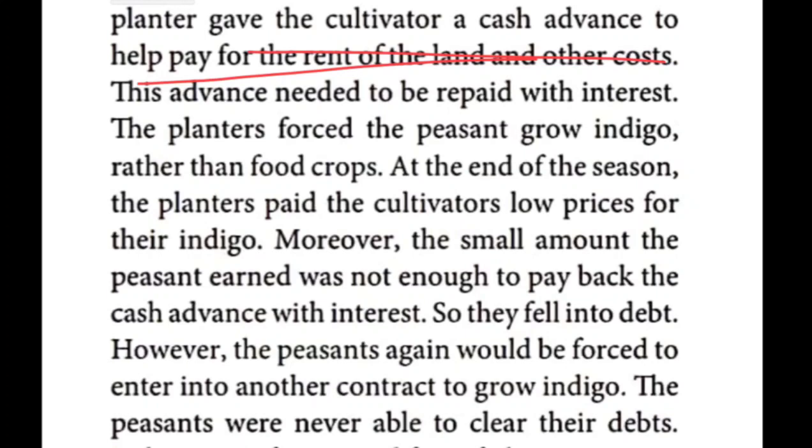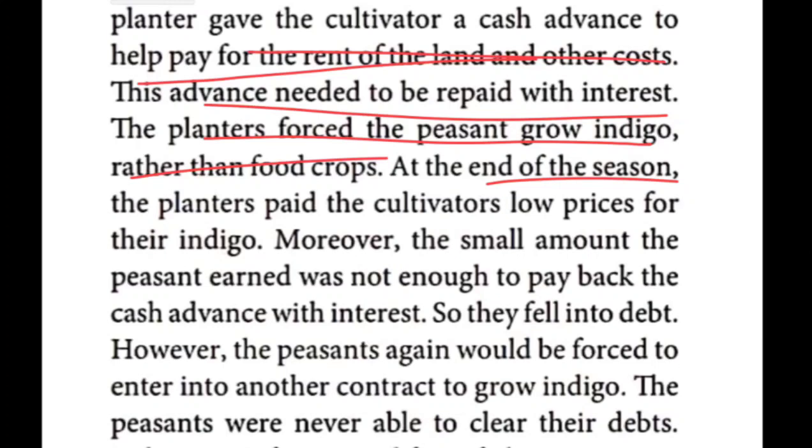So this advance needed to be repaid with interest. The capital amount they have to repay with the interest. So the planters forced the peasants to grow only indigo rather than food crops. Food crops, no one cultivated. At the end of the season, what happened?